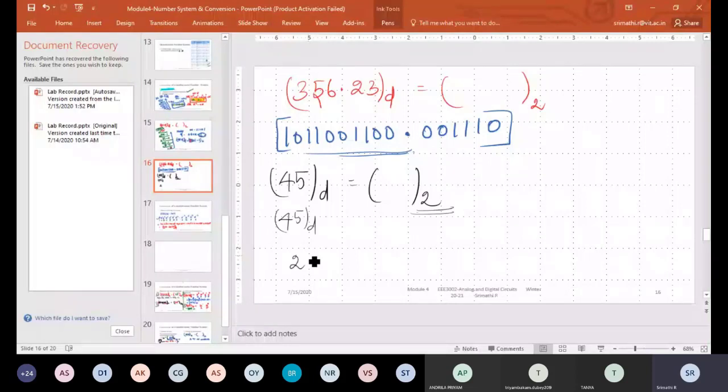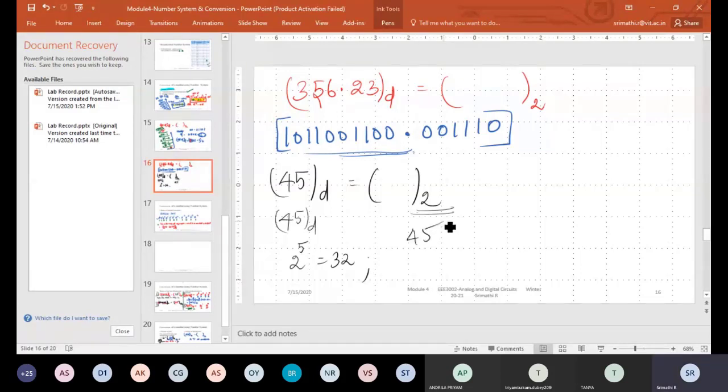2 power 5 will be giving 32, because 2 power 6 will be 64. So I have to stop with 2 power 5, which is 32. And what is 45 minus 32?